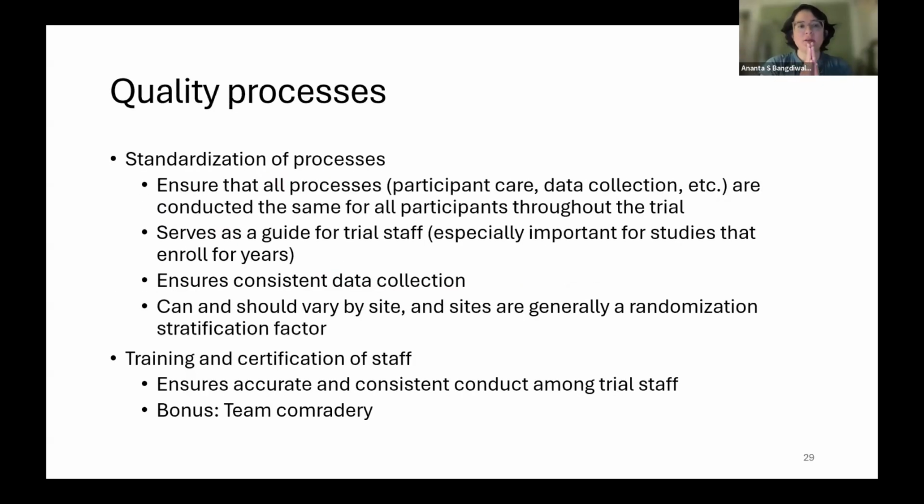So just to highlight quality processes, you've got standardization of processes. You want to ensure that all of your processes, from participant care to data collection, are conducted the same way for all participants throughout the trial. That is a benefit for the participants, and it is a benefit for your data. The standardization of processes also serves as a guide for trial staff, which is especially important for studies that enroll for years, right?